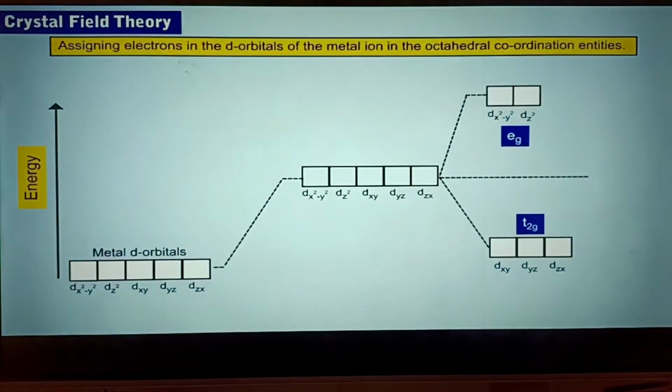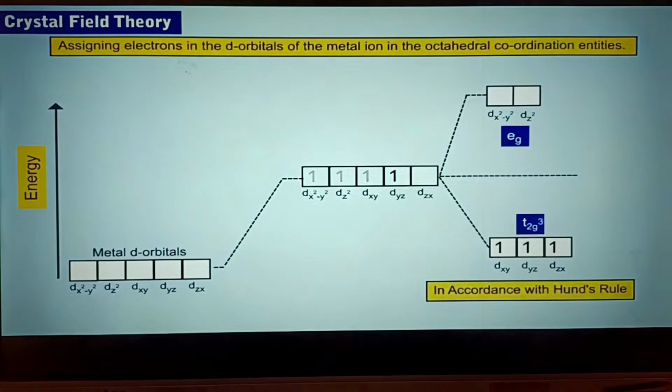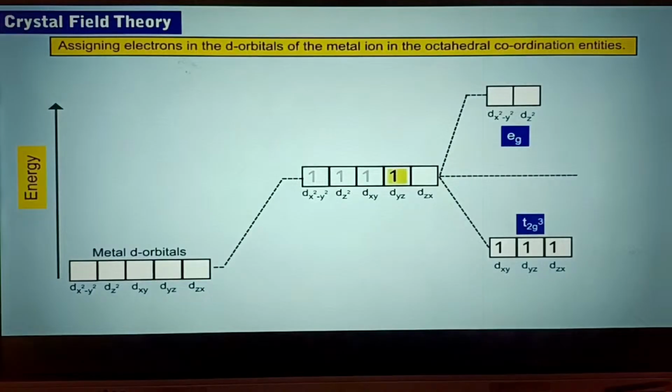Now let's assign electrons in the d orbitals of a metal ion with d4 configuration in octahedral coordination entities. Obviously, the first, second, and third electrons occupy the low energy T2g orbitals in accordance with Hund's rule. However, for the fourth electron, there are two possibilities.